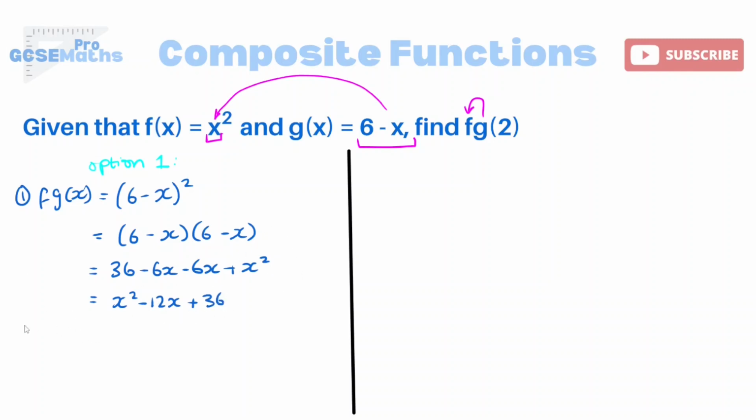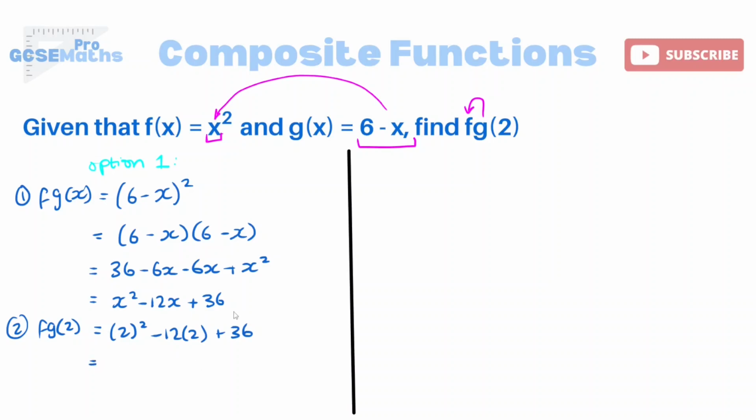Then what you can do is then go, oh, I actually wanted to find out what is the value of f of g of 2. So when x is 2, what does that equal? So as you have seen in the first video, that just means where you see an x, you put a 2 in this case. So we've got 2 squared minus 12 times 2 plus 36.